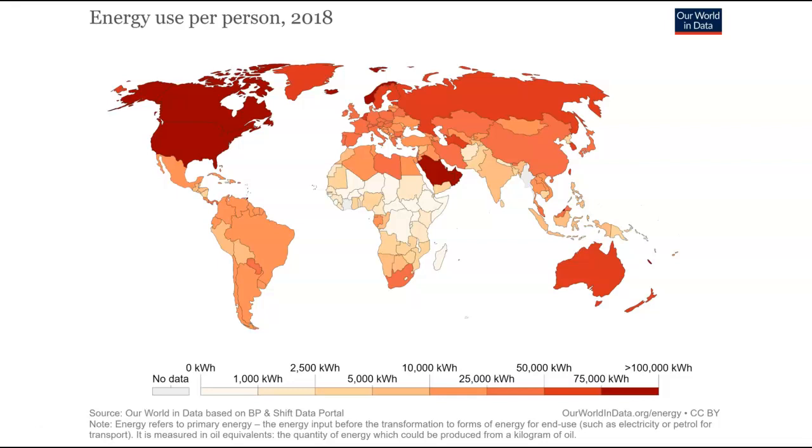You might notice that the more economically developed countries use way more energy. We shouldn't necessarily mix energy and electricity completely, because of course electricity is just part of the energy, of how energy is used in society.